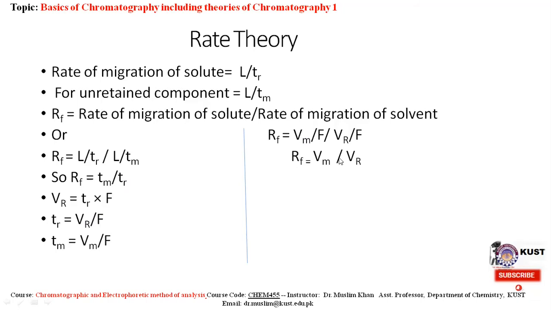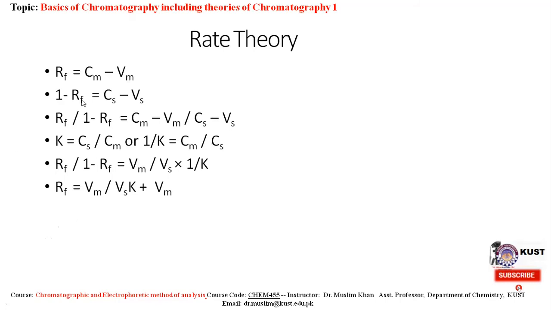This shows the rate of migration of solute particle and the required volume. This can also be explained in terms of another factor like Rf. This Rf is equal to Cm times Vm.